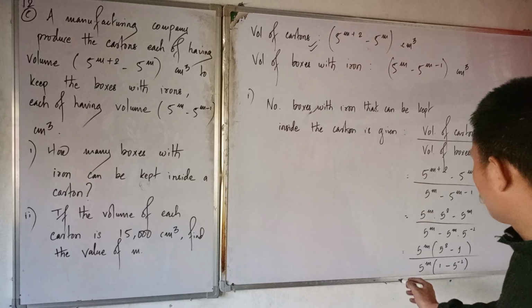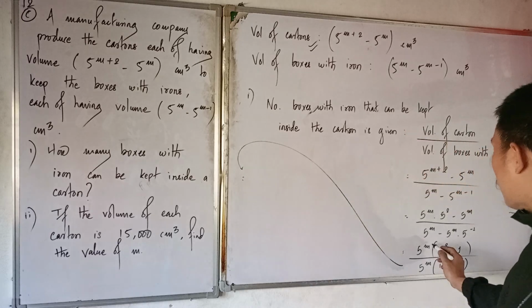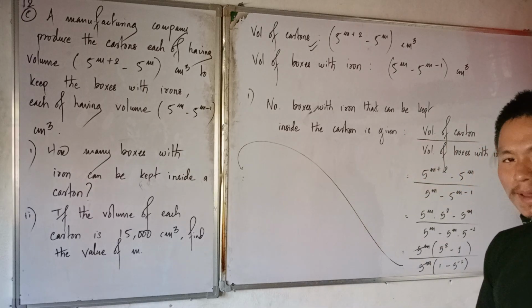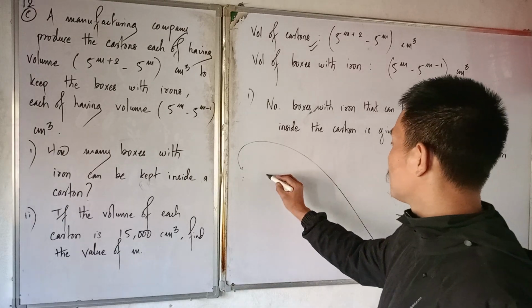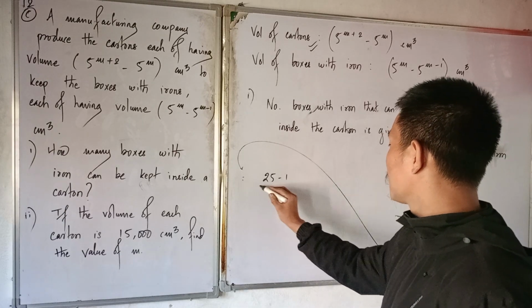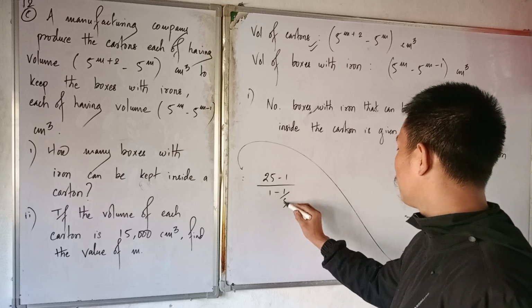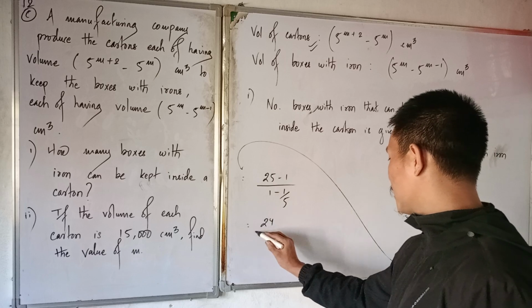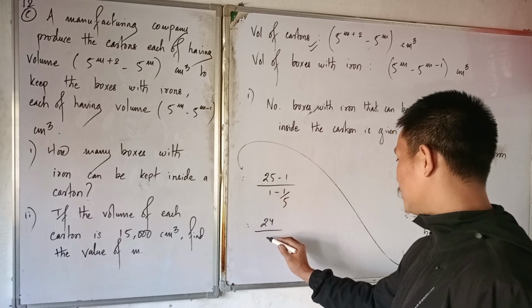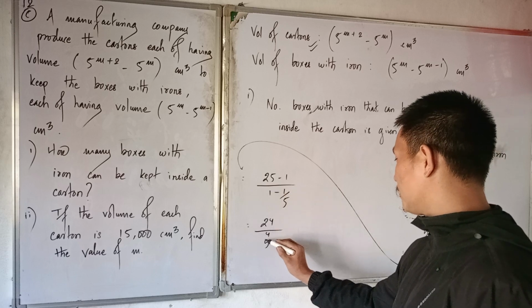So on further simplification, this 5 power m and this 5 power m will get cancelled, and the 5 square minus 1, that is 25 minus 1, and in the denominator 1 minus 1 by 5. So 25 minus 1, that will be 24, and here 5 ones are 5, 5 minus 1, 4 by 5.